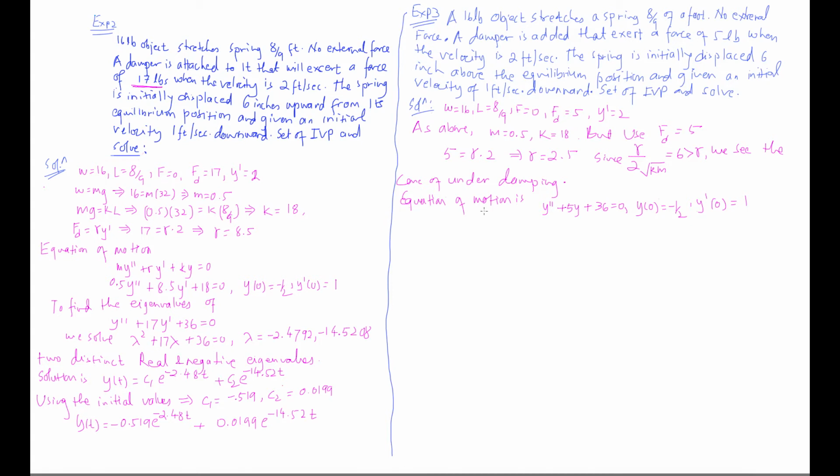So to solve this, you need to find the eigenvalues. What do you do to find the eigenvalues? You solve lambda squared plus 5 lambda plus 36 equals 0, right?